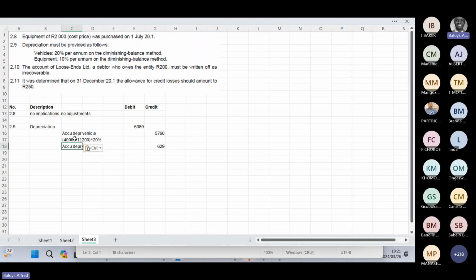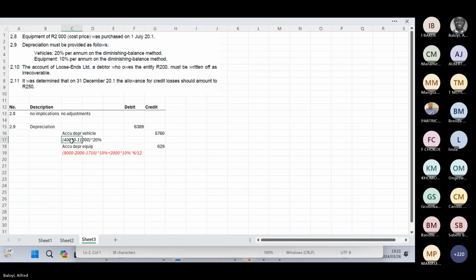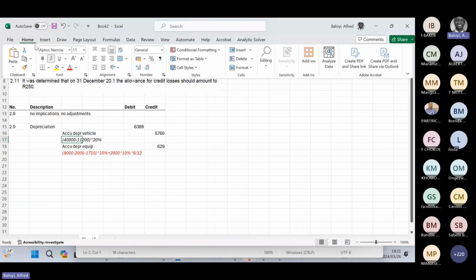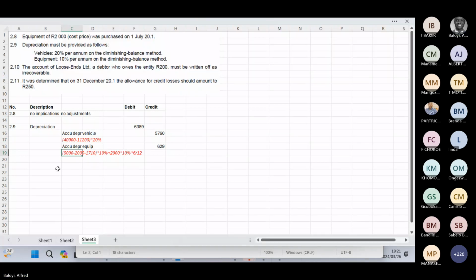So this is the calculation for vehicles, and this is the calculation for equipment. Let's put it in a different file so that you can see. And then this as well. I hope this makes sense.